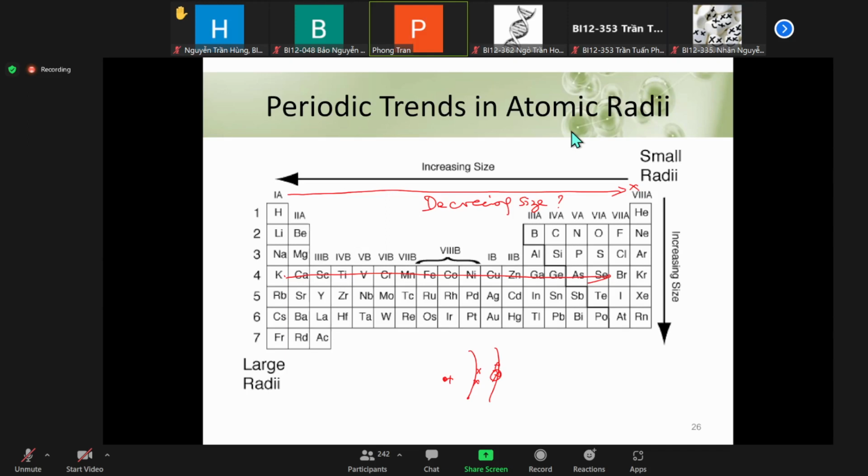So the screening electrons will be the same, and when you increase the Z, you have Z effective equal to Z minus S. The screening is almost the same and you increase the Z, so basically the effective Z will increase. That means the interaction of the outer layer electrons and the nuclei will increase, so the size will decrease. Okay. Thank you, Hung, for that.